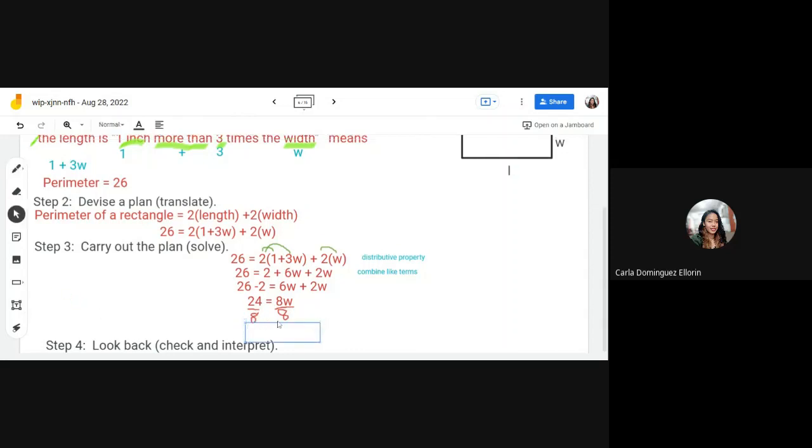So, 24 divided by 8 is equal to 3, is equal to 8W divided by 8, that is W. 8 divided by 8 is 1, so we can eliminate it and we have W. So, we have W is equal to 3.